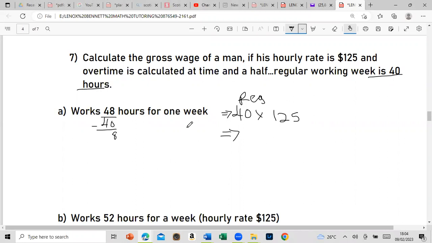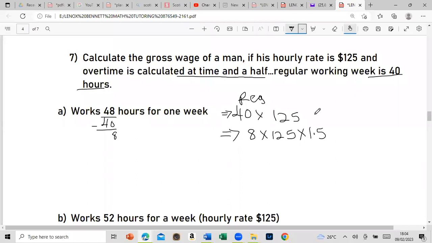But the overtime is a different rate. So it will be 8 times 125 times the rate, which is time and a half. What's time and a half, guys, in this case? 1.5. It literally means 1.5. If it was double, you'd have multiplied by 2.